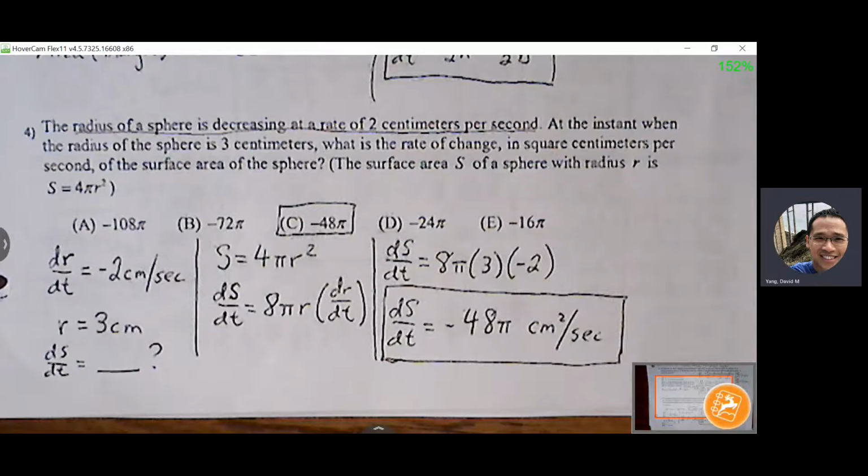Okay, s becomes ds dt, 4 pi r squared becomes 8 pi r dr dt.